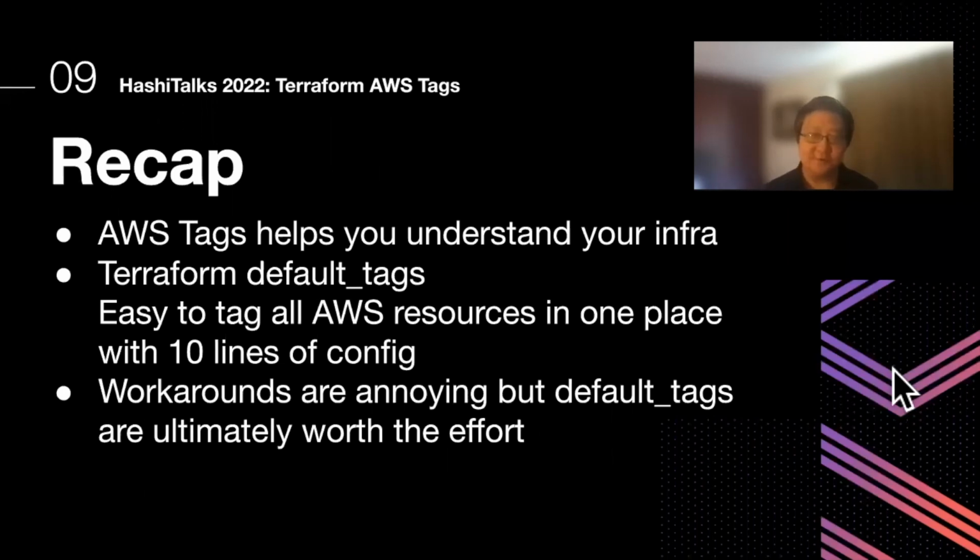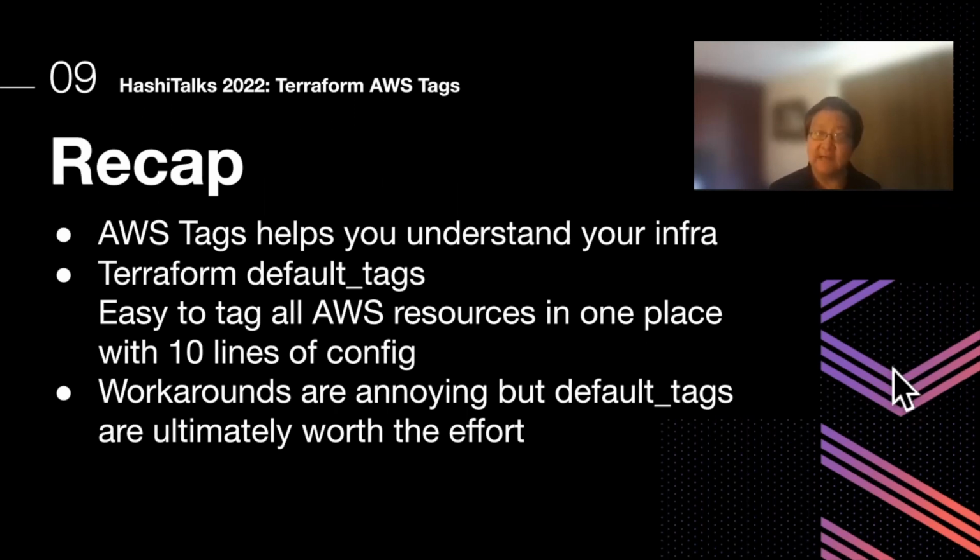So we've gone through a lot of information pretty quickly during this talk. So let's just do a quick recap of some of the main takeaways. One, AWS tags can help you understand your infrastructure better. Who owns what, project is using what resources, and how much is it costing to use these resources on AWS.